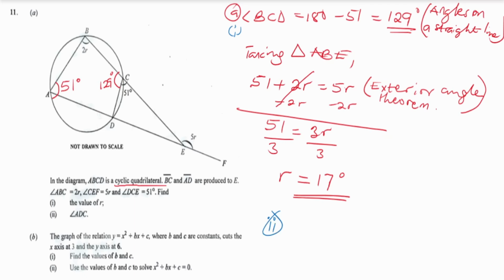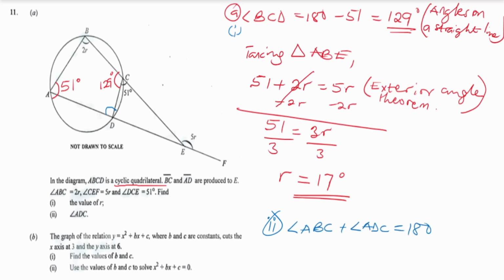Instead, we should solve for angle ADC, and this is angle ADC. Again, we are using the same idea from a cyclic quadrilateral, that the opposite angles of a cyclic quadrilateral are supplementary. So that means our angle ADC here and the angle ABC should add up to 180. Let me write that quickly.